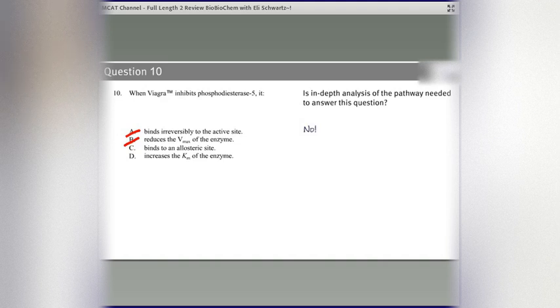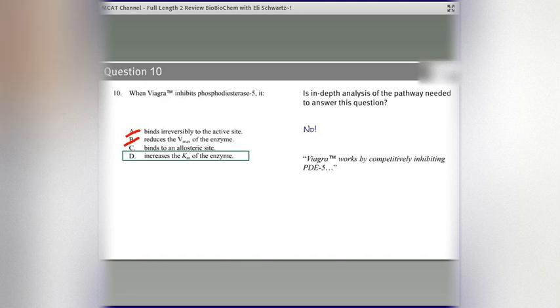We don't really have to go back and look at it in depth, but it did mention in the passage, if we went back and just scanned quickly for that PDE5, that it competitively inhibits PDE5. So is competitive inhibition the allosteric site? Oh, bummer. It was tempting, but competitive inhibition had better be the active site.